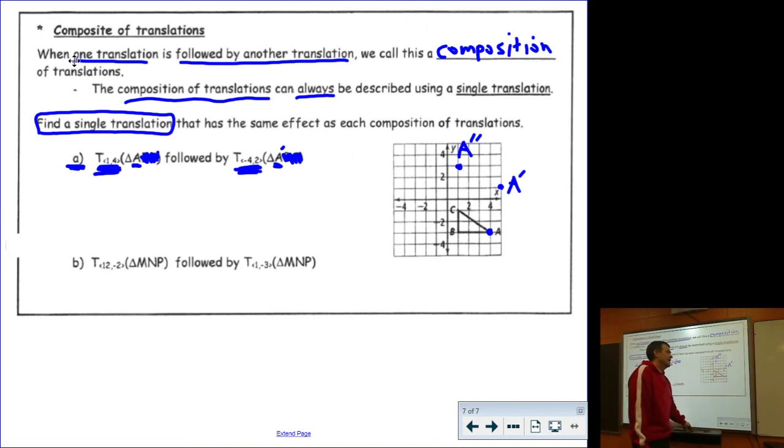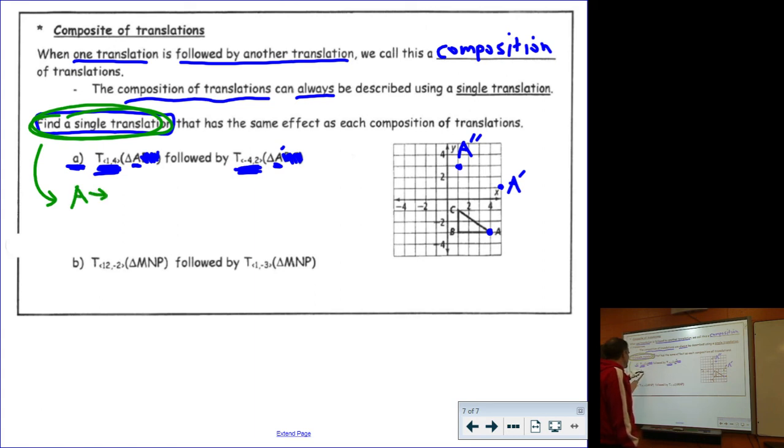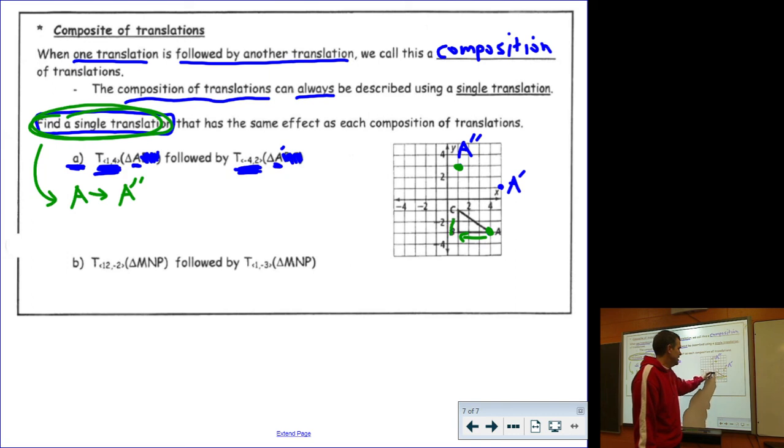All right, what we're looking for is a single translation that would take us from A to A double prime. So look where A is. Look where A double prime is. What single translation would take you there? Well, that would be this way and up, right?